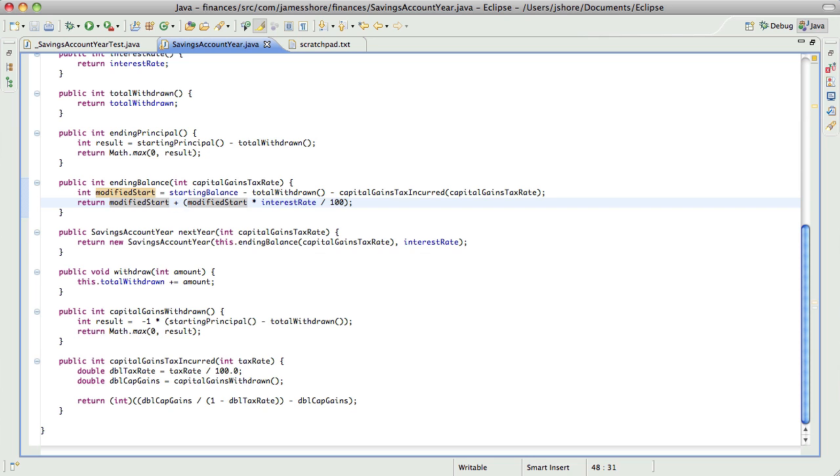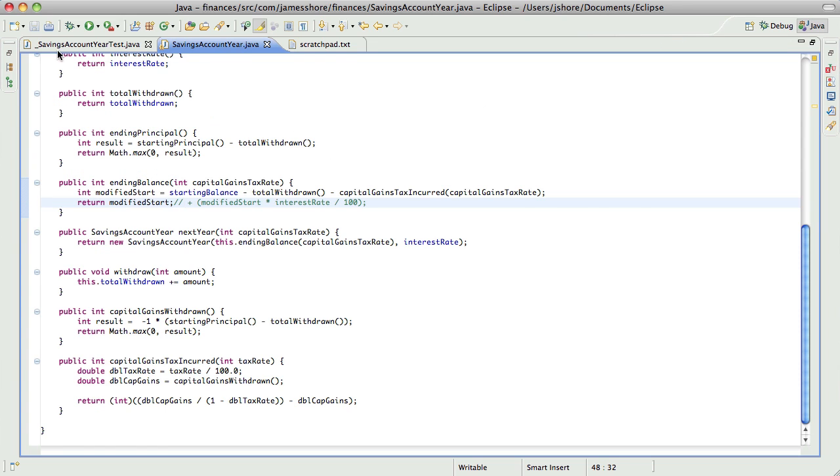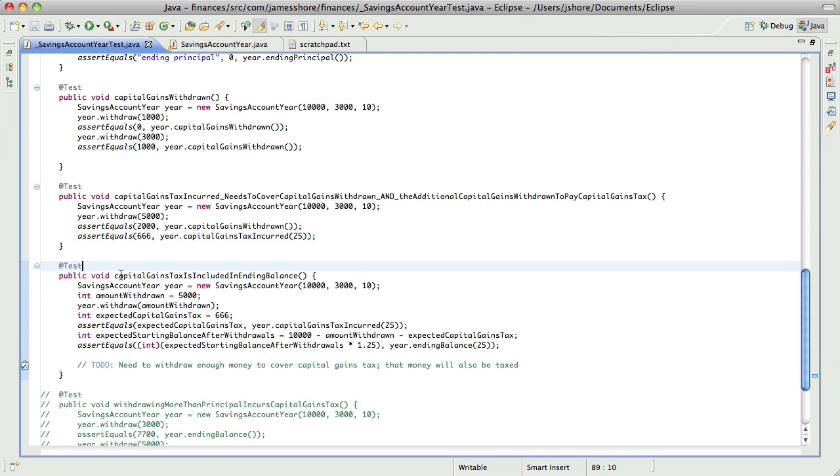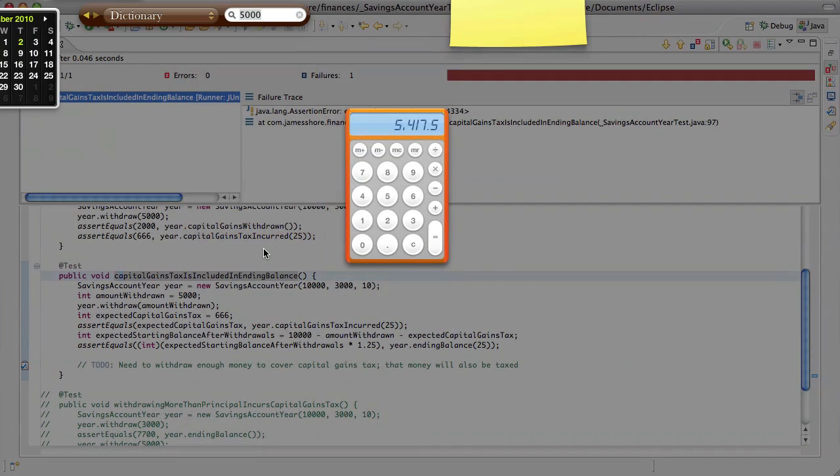Well, let's just return our modified start and see. Right. There's our 5,417, 433, 434 times 1.25 equals. Huh, that's interesting.